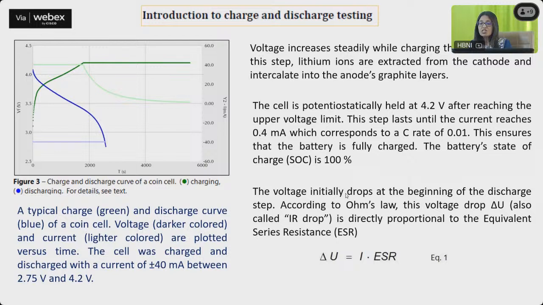The voltage drops at the beginning of discharge. The moment you start discharging, you see over here that the voltage which was over here drops. According to Ohm's law, this voltage drop, delta U, is directly proportional to the equivalent series resistance. So delta U is I into equivalent series resistance.